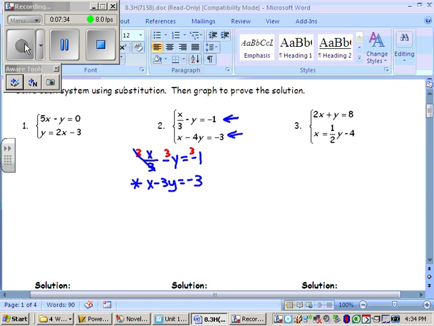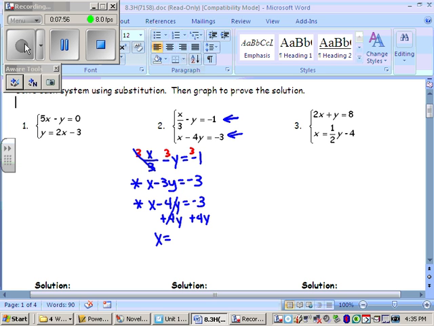So let me go ahead and star that equation. If we then look at the second equation, which is x minus 4y equals negative 3, we're going to want to solve that equation for x, or isolate the x. So we can add 4y to both sides.